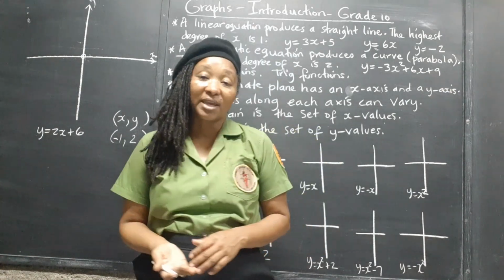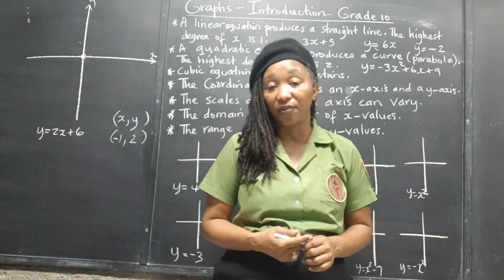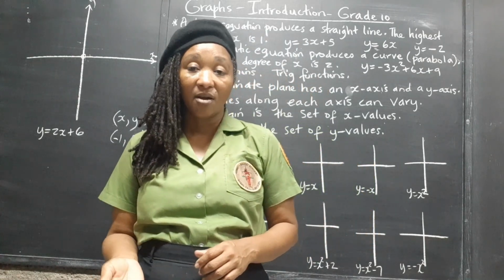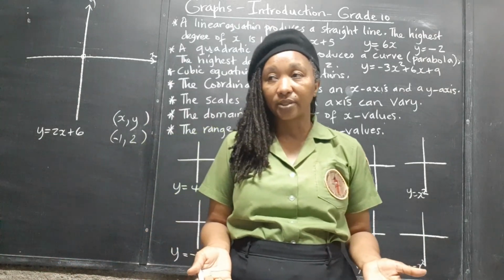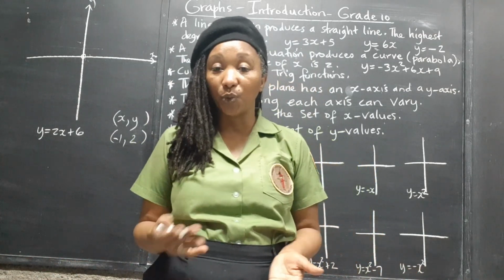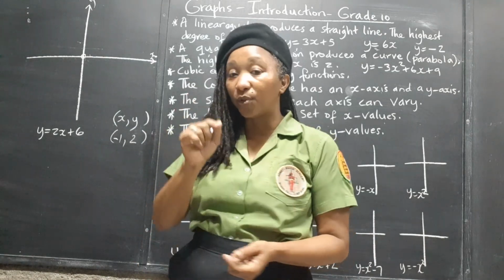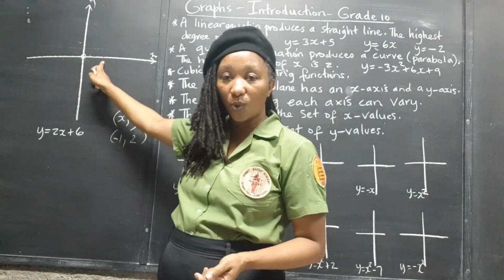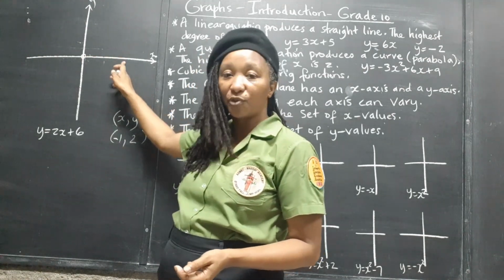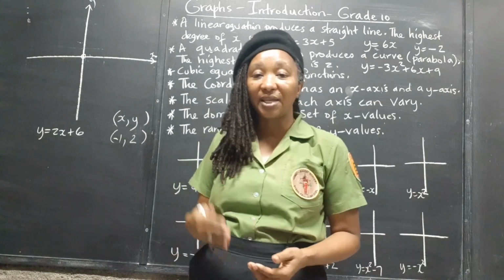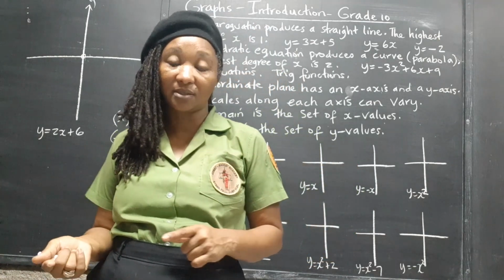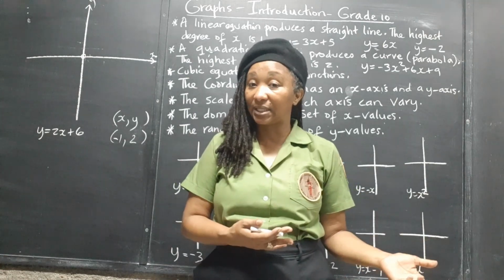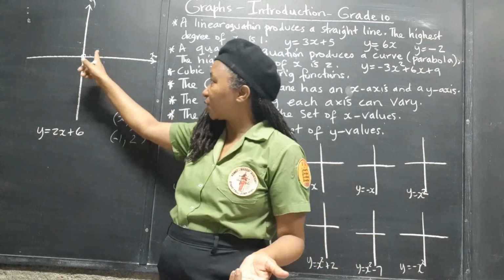So if you are given a particular scale to use, they might say on the x-axis use 2 centimeters per unit. That would mean you skip 2 of those small boxes before you write 1, and then 2 more boxes before you write 2, because the scale is 2 centimeters per unit. Or if they had said 1 centimeter for every 2 units, then for each small box you'd go by 2.